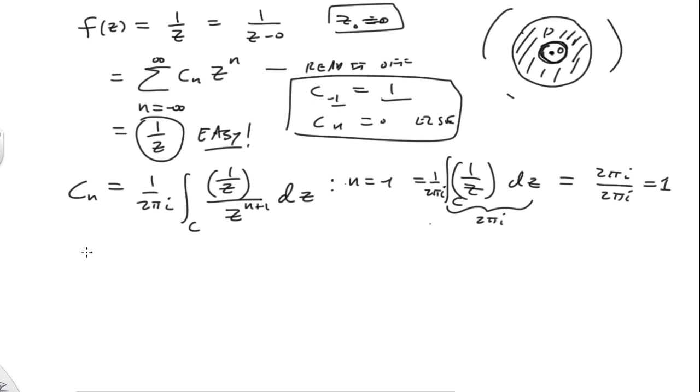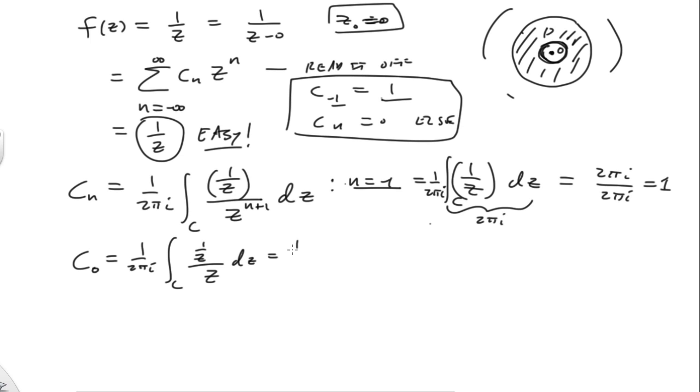Okay, let's try c of 0. So we tried n equals -1. Now let's try n equals 0. And that'll be 1 over 2 pi i, integral around the contour. We put a 1 over z, and then we put a 0 in for n, and that becomes just a power of z there, dz.